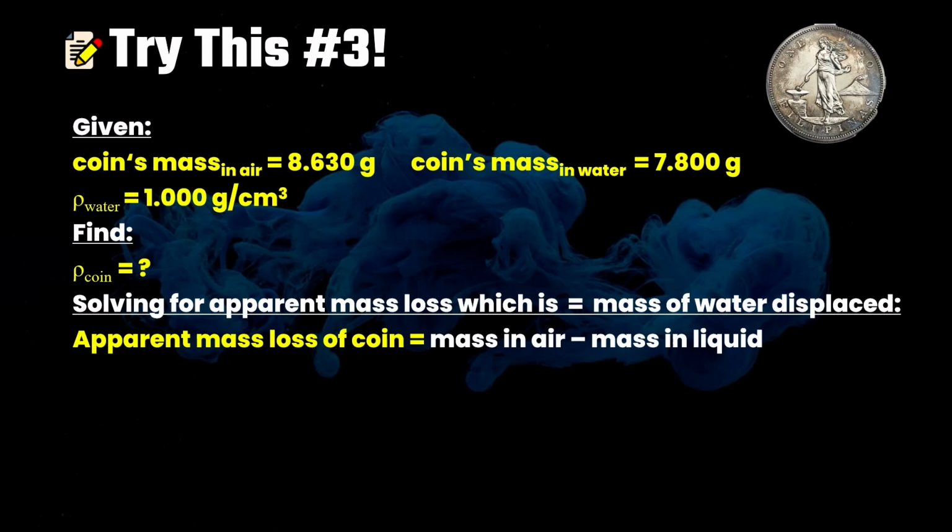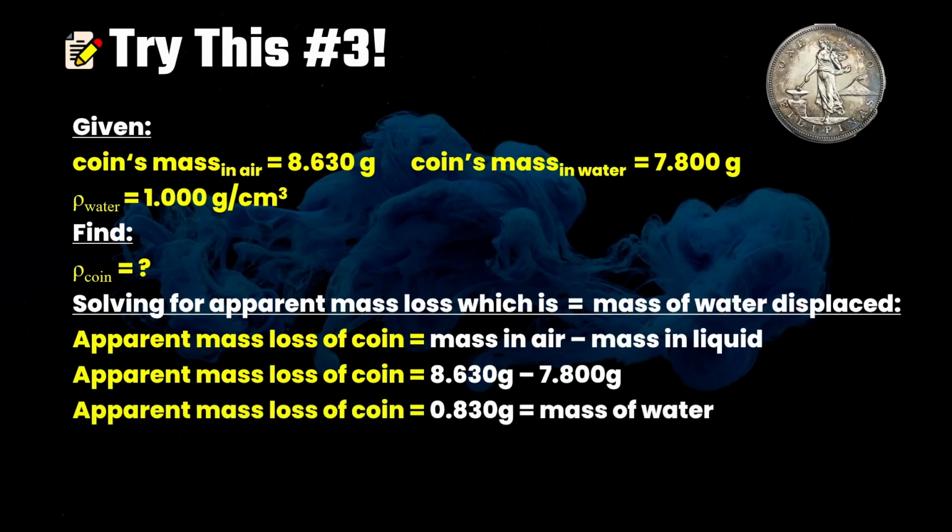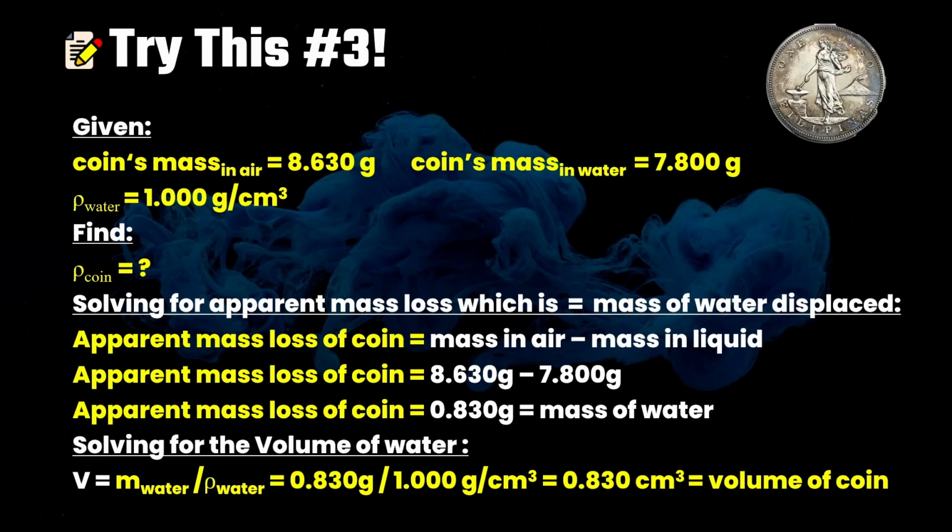Again, remember that this is equivalent to the mass of water displaced by the coin. So mass in air minus mass in liquid, we simply subtract the two. 8.630 minus 7.800, the apparent mass loss is 0.830, which is also the same as the mass of water displaced by the coin.